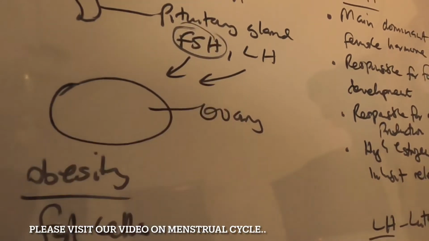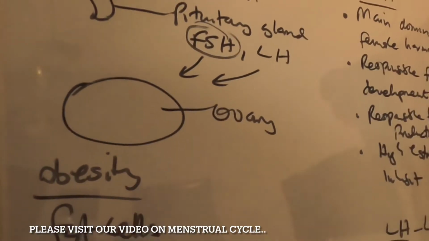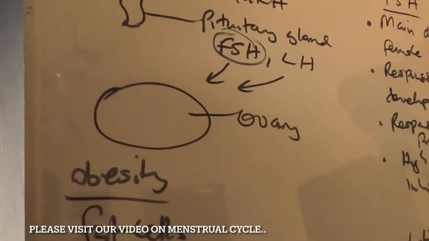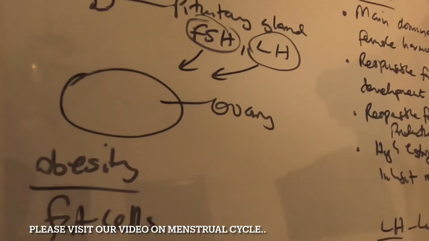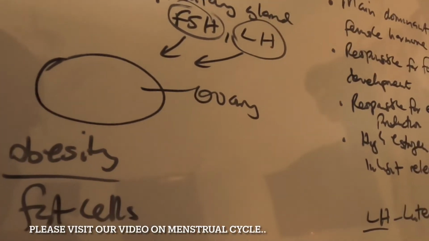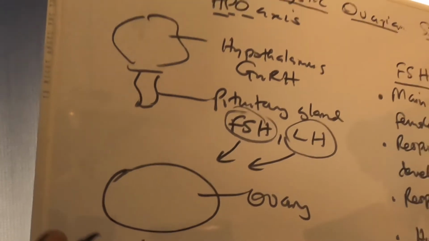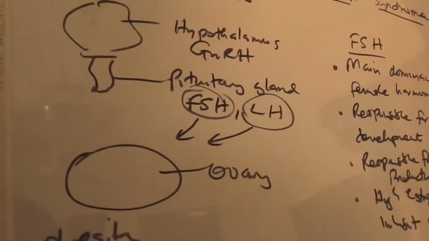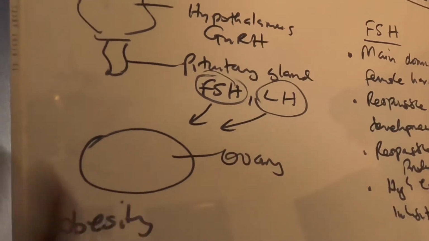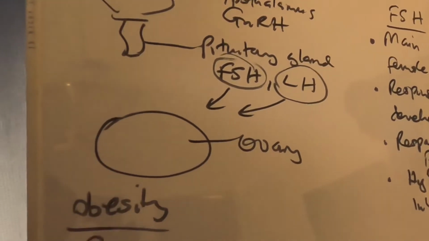This hormone helps these follicles to develop to a certain point, and then the luteinizing hormone takes it from there. As we saw, the luteinizing hormone is responsible for matured follicle or egg release. So in one phase, the follicle stimulating hormone helps the follicles to develop, and in another phase, the luteinizing hormone helps the final egg to be released.